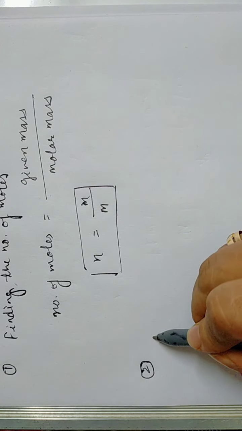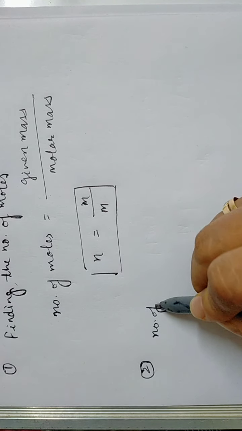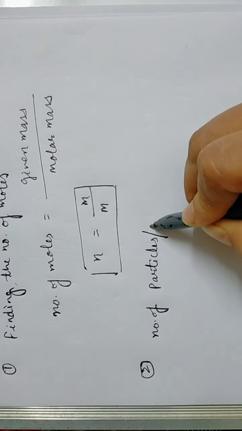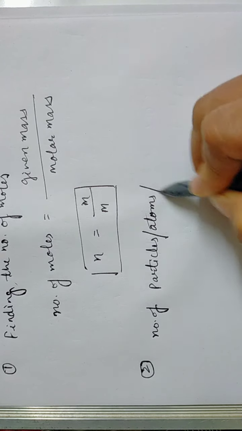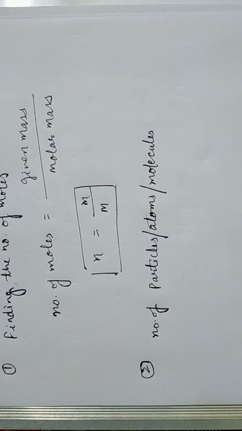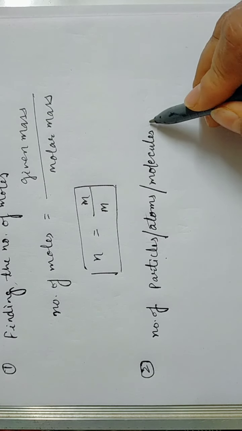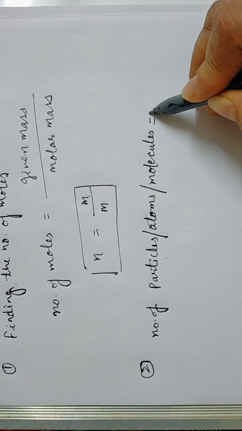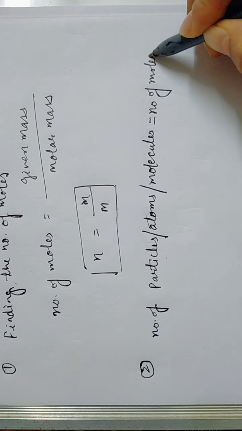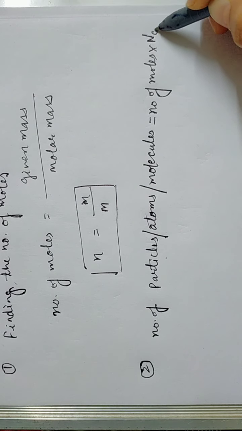is related to finding the number of particles, or number of atoms, or number of molecules. For this, we use the formula: number of particles, atoms or molecules is equal to the number of moles multiplied by Avogadro number.